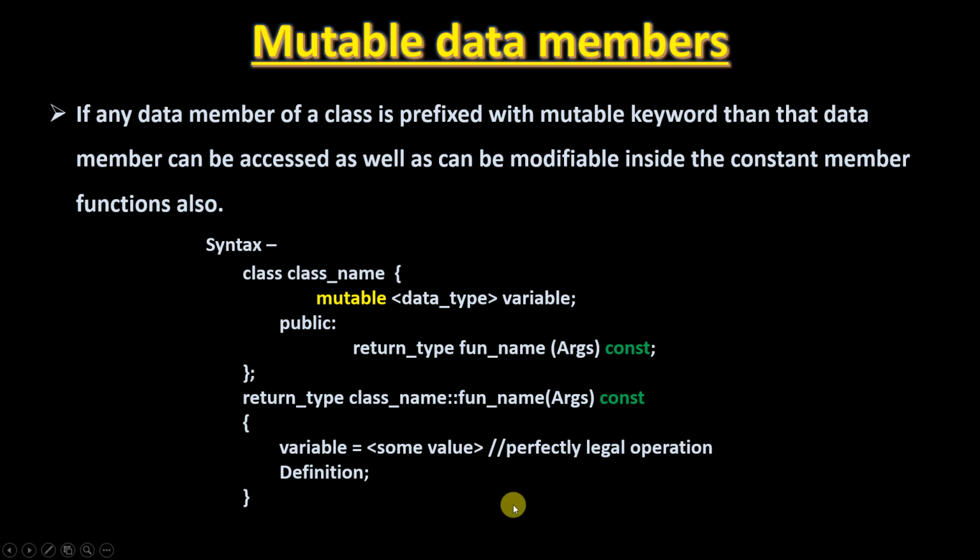So you are saying to the compiler that I will be modifying it even in constant member functions. Don't treat this data member as constant under any circumstances. You allow the variable property of this, meaning you have to allow me to modify this variable wherever I am using it. So you can just add this and your program will work fine.